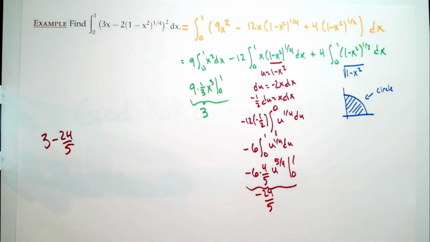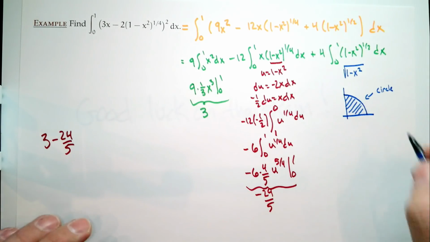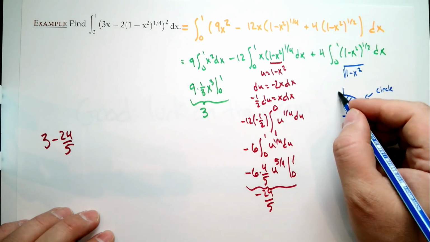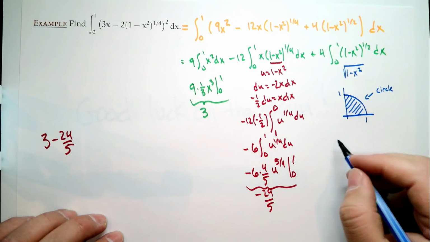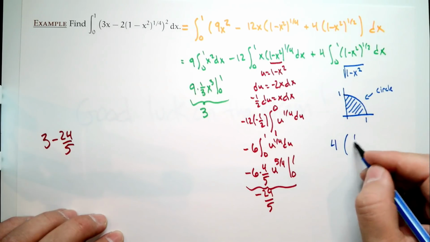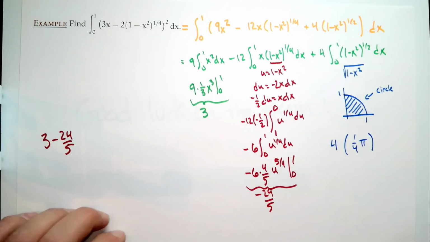It's part of a circle. First off, what circle is it? Well, it's a circle with radius 1. How much area is in a whole circle of radius 1? It would be pi r squared, pi 1 squared. We want just a fourth of it. So that means that this integral will be 1/4 pi, because I can interpret this integral geometrically.